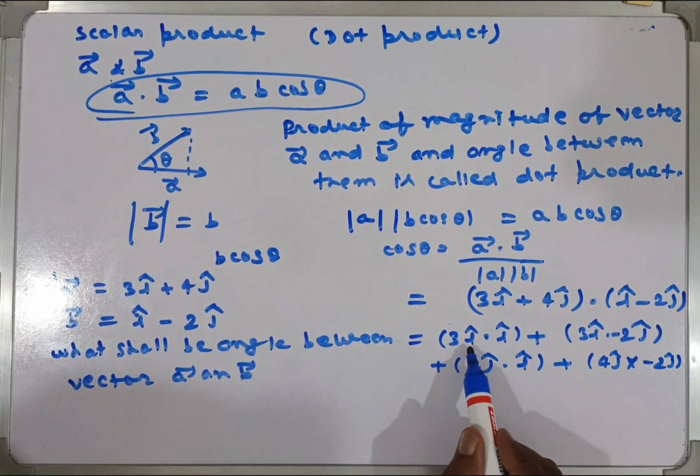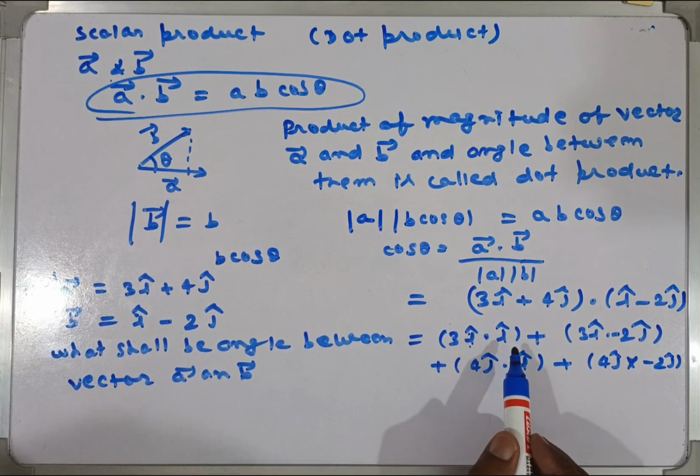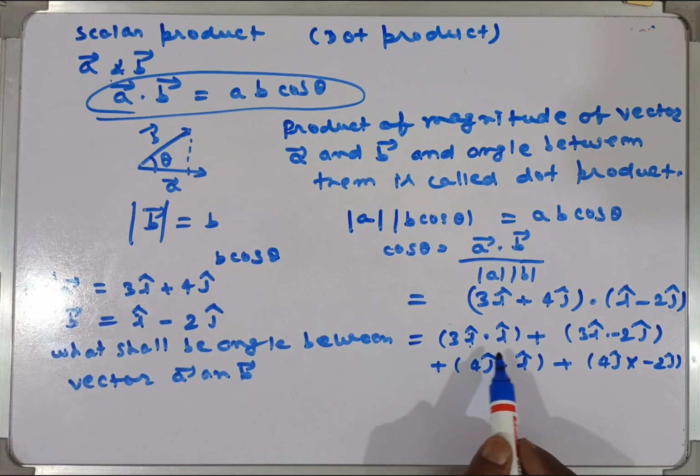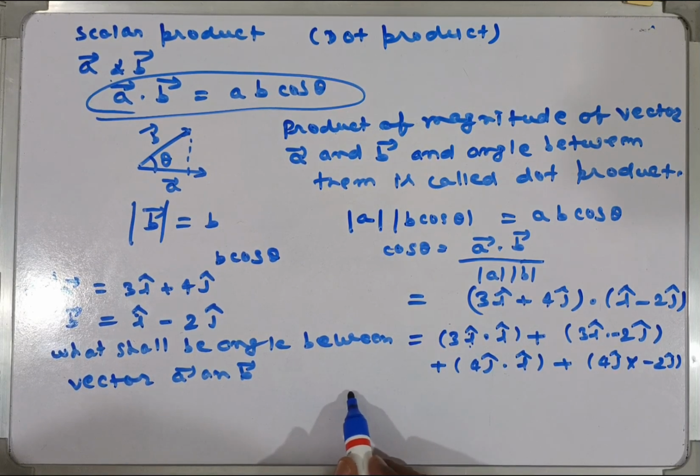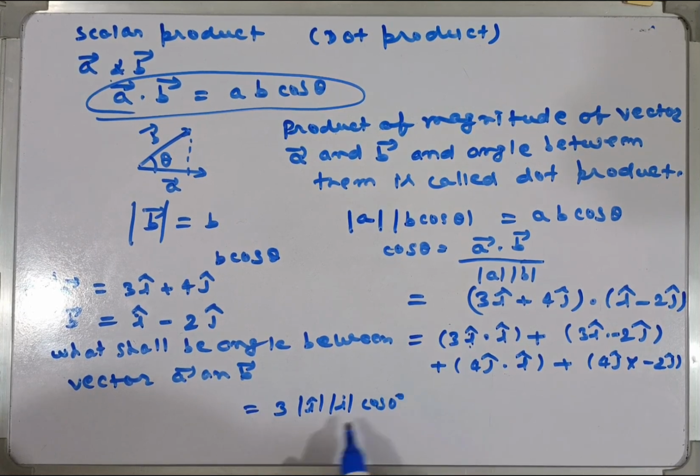So i cap and i cap are both parallel to each other and have unit magnitude, so we can also write it as 3 i cap i cap cos 0 degree. So this becomes 3 into 1 into 1 into 1, so this value will come 3.